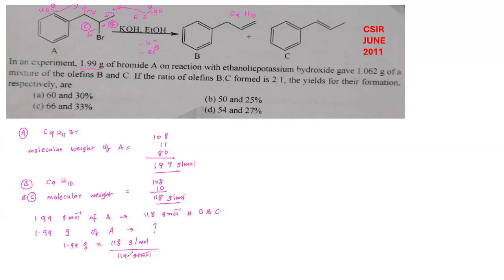So gram per mole cancels, and this becomes 1.18 gram of B and C.